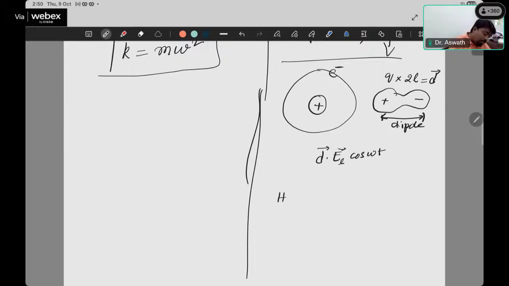Now I can write the total Hamiltonian of the system as follows. The electron exists in the ground state with some energy, h omega 0.